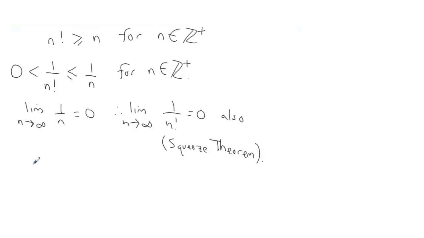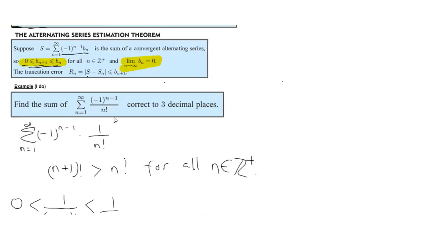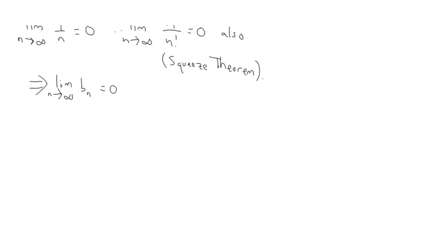Okay, so that shows us that the limit as n approaches infinity of our Bn equals 0, and now we've met both criteria to say that this series is a convergent alternating series. So the sum from 1 to infinity of -1 to the n minus 1 over n factorial is a convergent alternating series.